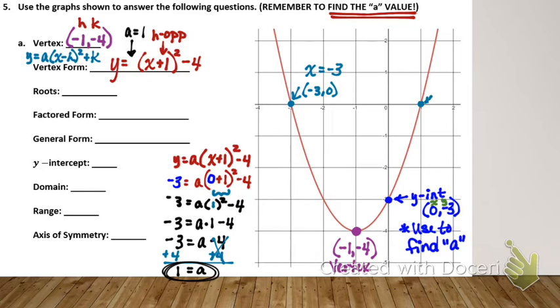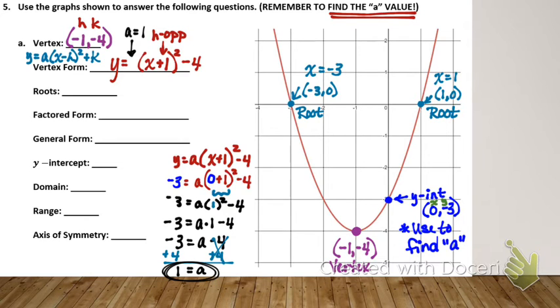Over here, that's 1, 0. So x equals a positive 1, and these are both roots. So does that mean that it's going to be x minus 3 and x plus 1? No. No. Factors have to be equal to 0.